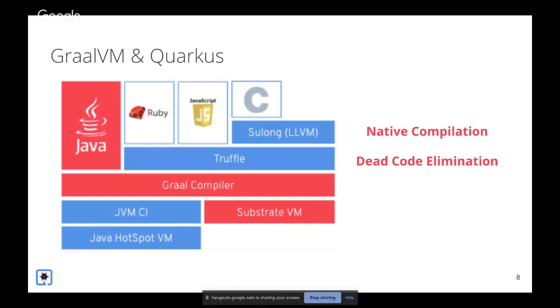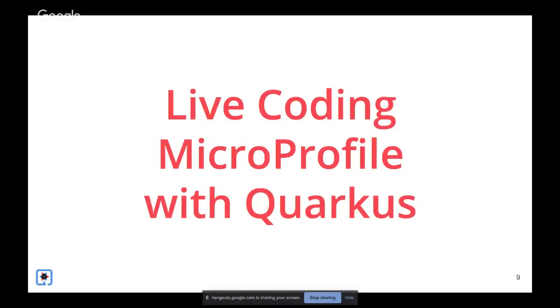One of the things that we've done with Quarkus is we've optimized a lot of the libraries so that we reduce dependencies both within the library and even across libraries. And what this means is that if your application doesn't use some of the code, it'll be eliminated during the compilation phase. And that means you get a relatively small executable binary. Okay, so let's do a little bit of live coding.